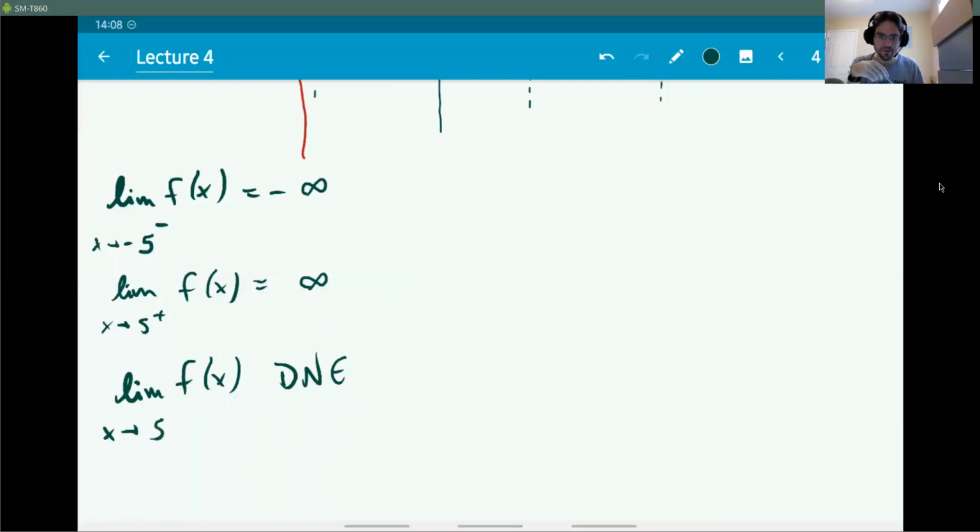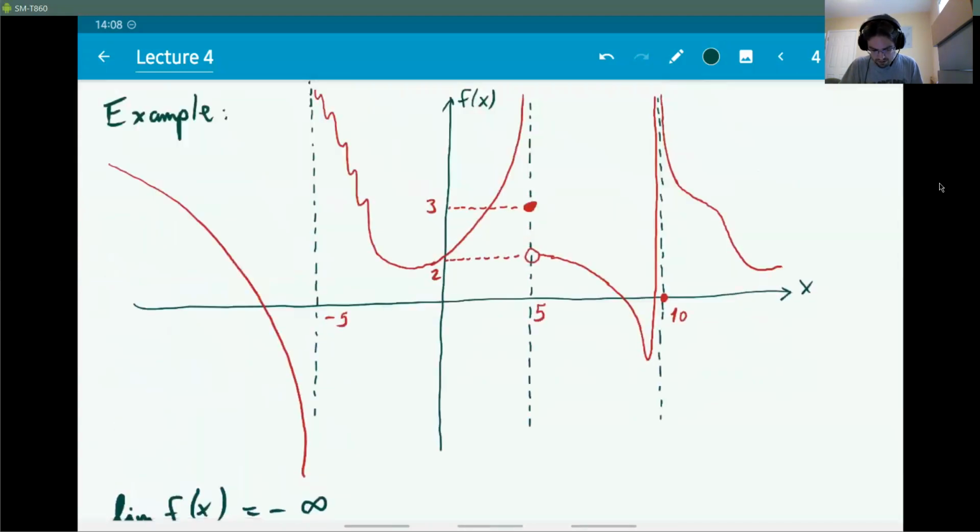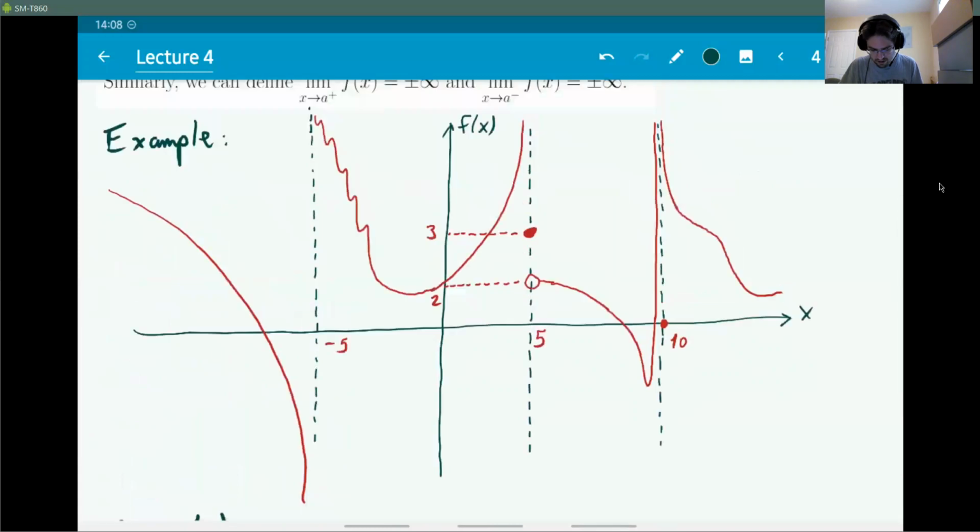A similar theorem from last time, when this should have been -5. But yeah, when the one-sided limits are different, the limit itself doesn't exist. Next, let's look around. I think previously I said there are 4 locations here that we are interested in. It's actually just 3 locations. If you look, the next one will be the number 5.